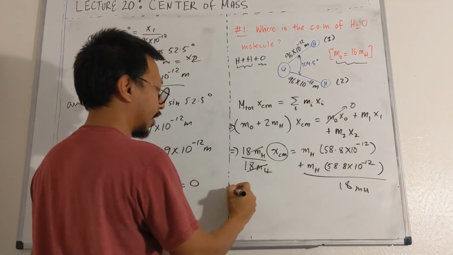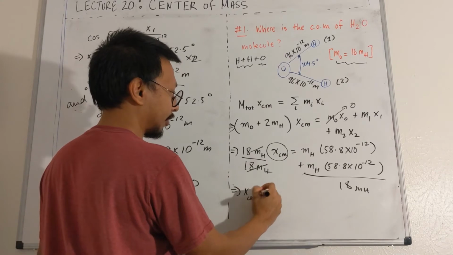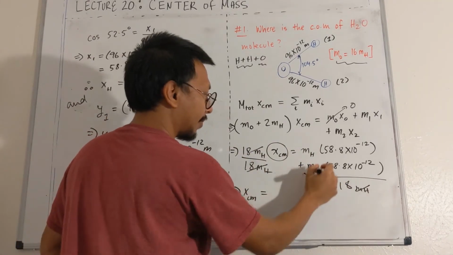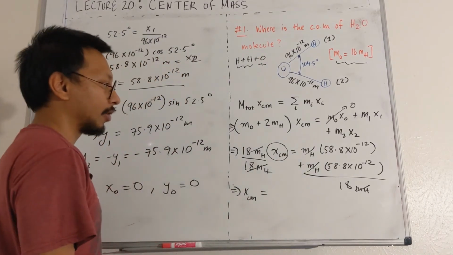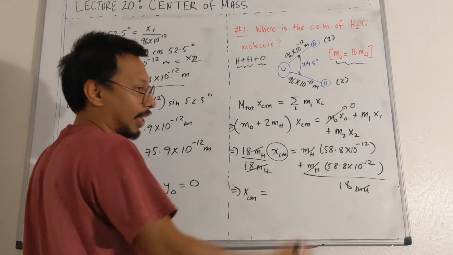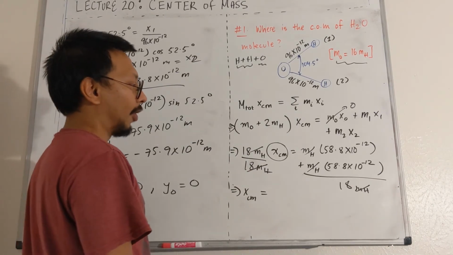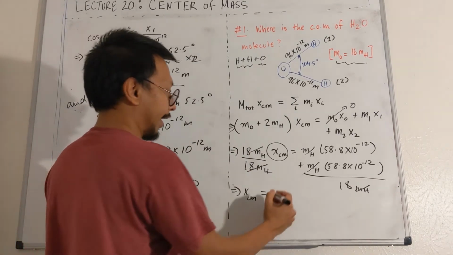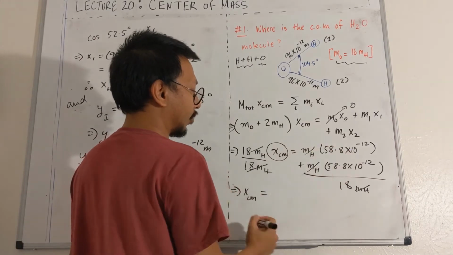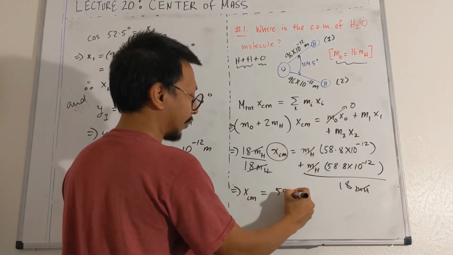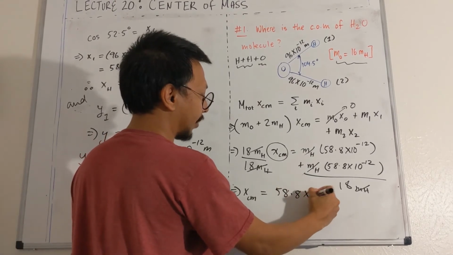So you have separated out the x center of mass position, and then mH is on all of these terms, so mH will go away. So you don't actually need the numeric mass of hydrogen, although we know it's pretty simple. And then we just add these two numbers and divide them by 18. They're the same numbers, so adding them would just mean multiplying them by 2.